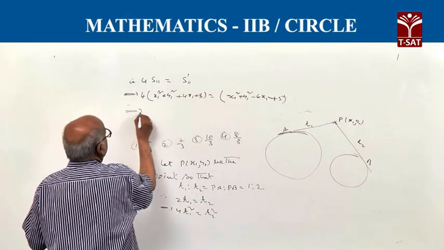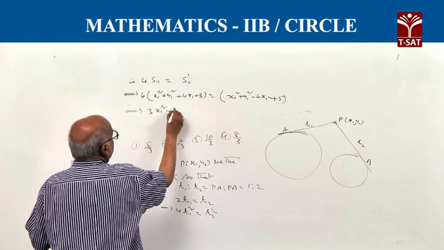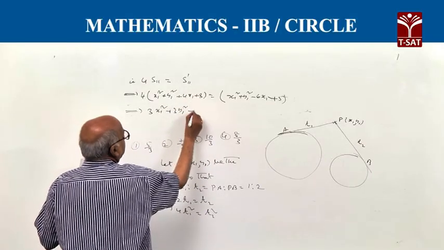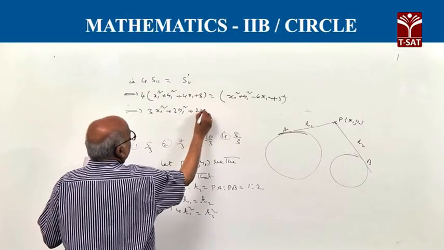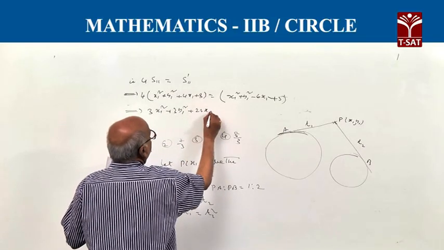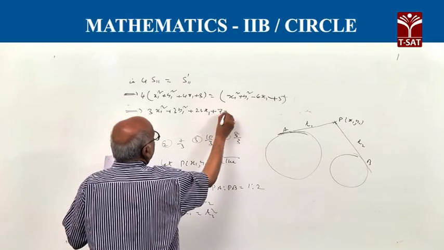So that implies 3x1 square plus 3y1 square plus 22x1 plus 7 is equal to 0.